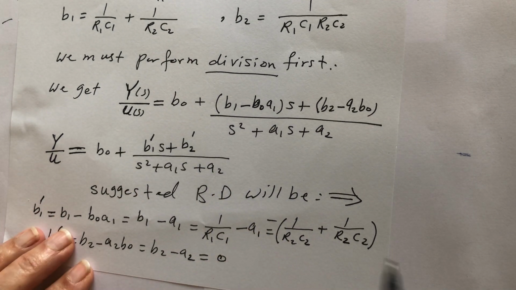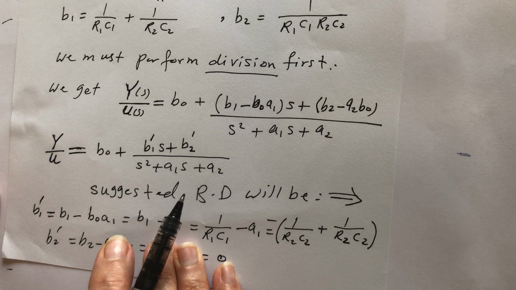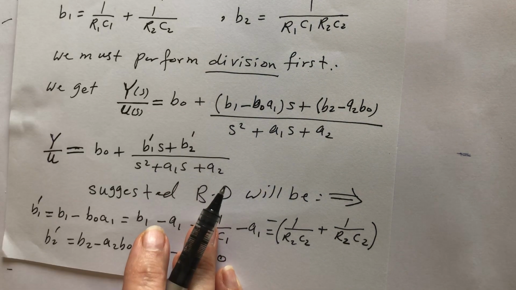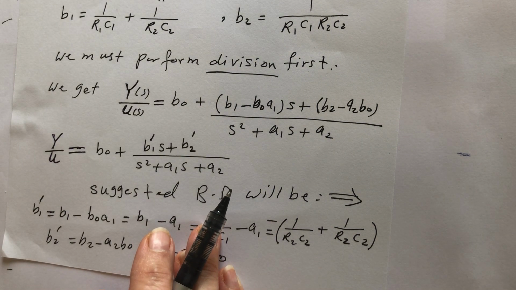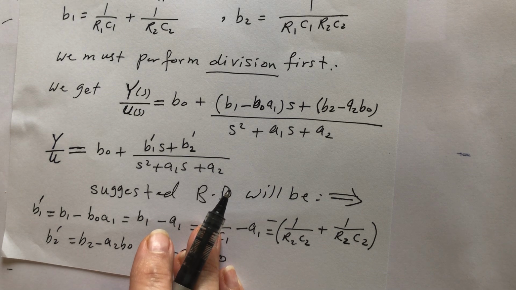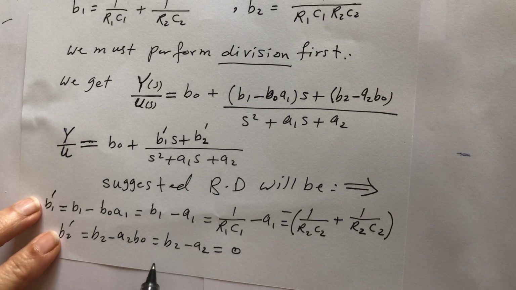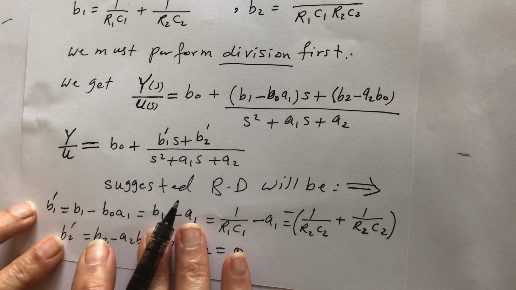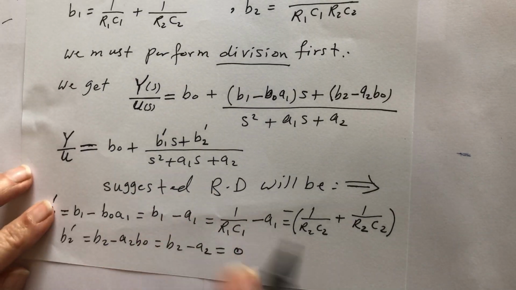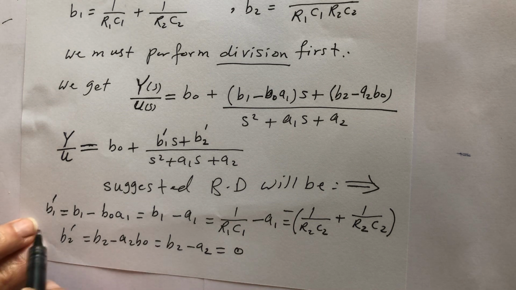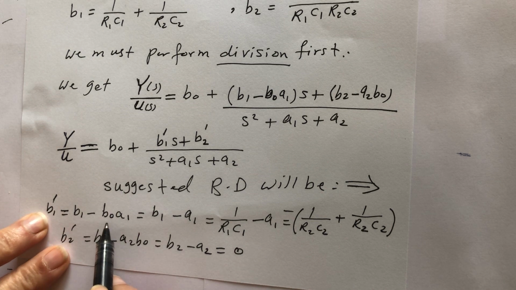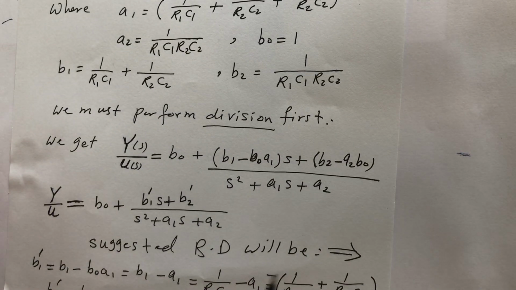So what we have, I have B1 dash equal B1 minus B0 times A1, and B0 is equal to 1, so I just simplify it.